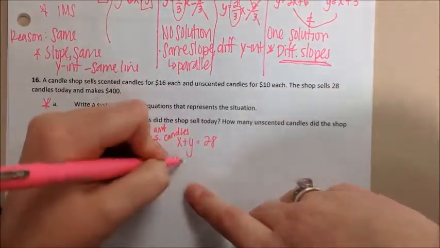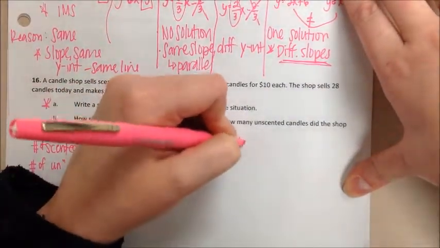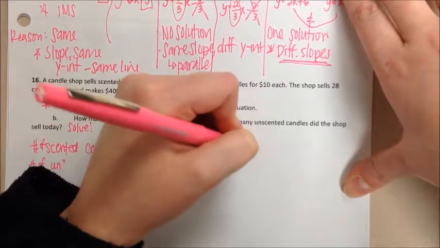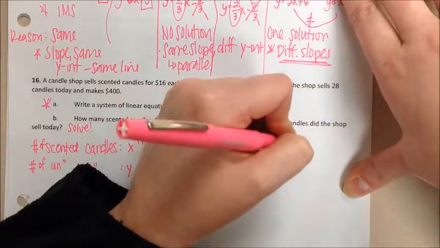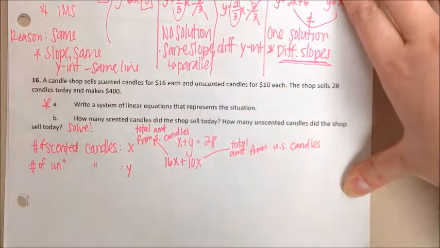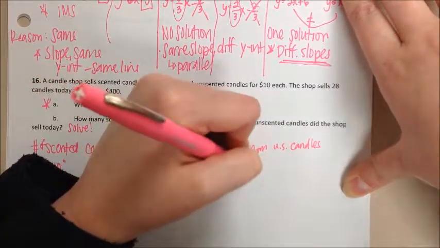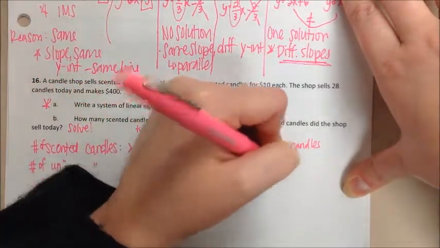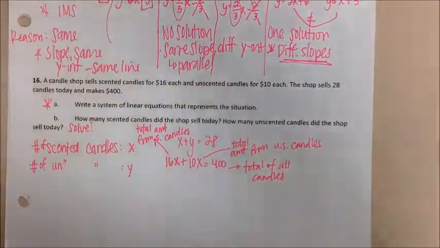Okay. And then I'm going to add 10x, and that's the total amount from unscented candles. Okay. And then that's going to equal $400, which is the total of all candles. Okay. So that's the total of all candles sold.